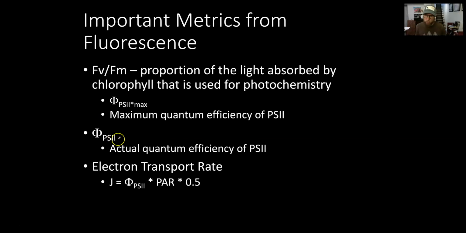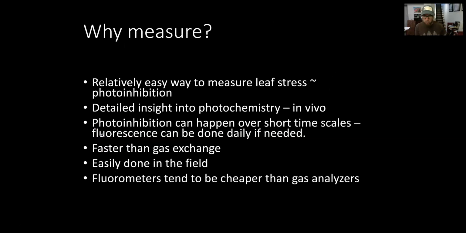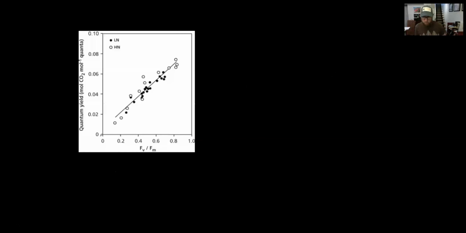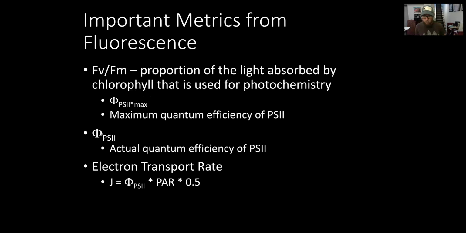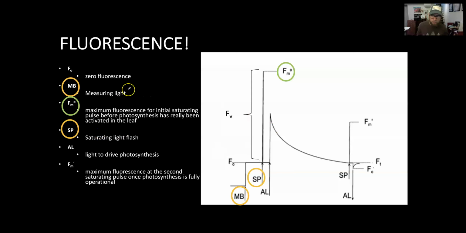The second metric we can get, oh, and I didn't put the equation here, is phi of photosystem 2. And the quantum yield of photosystem 2, or phi of photosystem 2, is basically the difference between those two peaks. All right. So the bigger the difference, the more efficient the photosystem is.